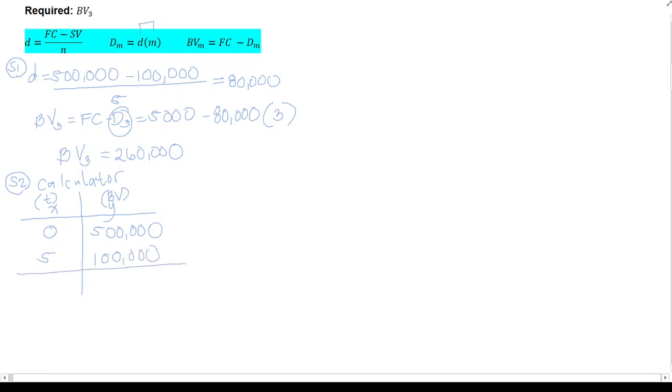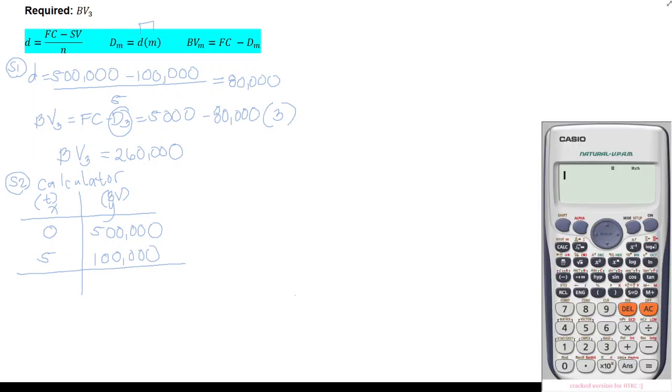Okay, so if we are going to use the calculator, just press mode. I am using a Casio 570 FX.